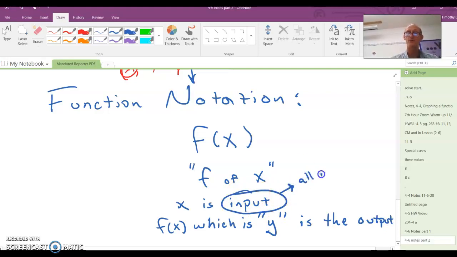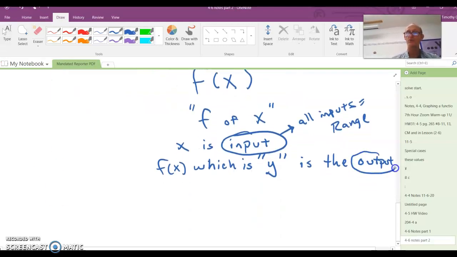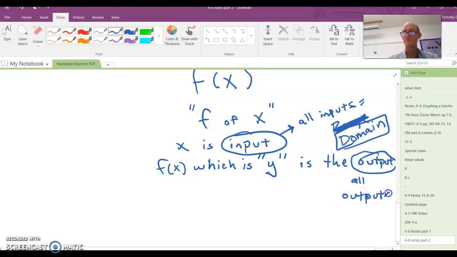Okay, all inputs equal the range. Oh no, I'm sorry, that was bad, my fault. It's not the range, it's the domain. I was thinking ahead. All the inputs are called the domain. That's the x's. All the outputs are the range. That was not good, but we fixed it. All outputs are called the range.